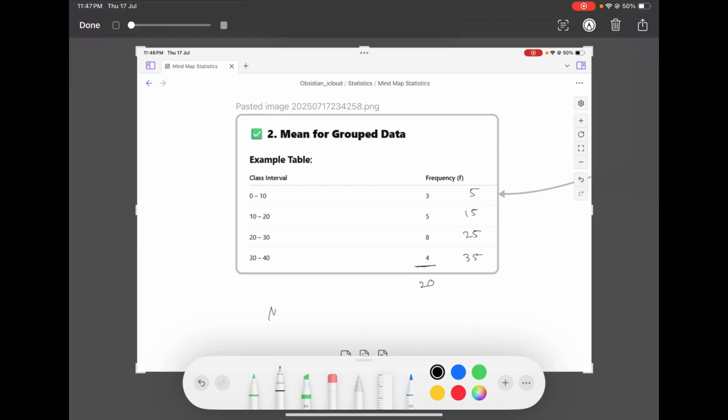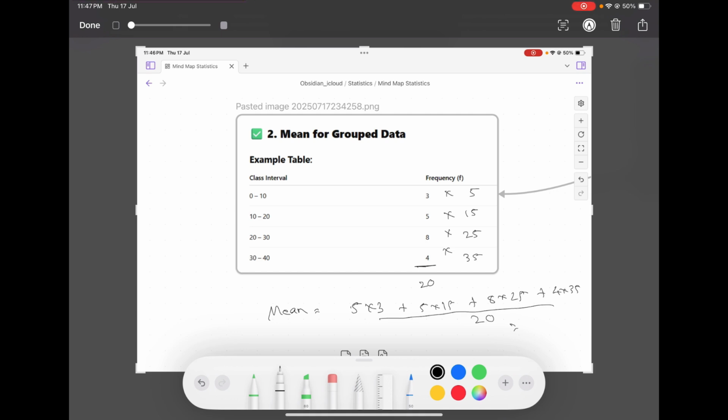To calculate the mean, you multiply 5 into 3, plus 15 into 5, plus 25 into 8, plus 35 into 4, divided by 20.